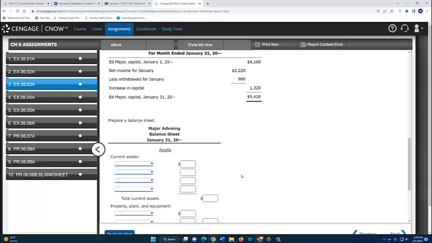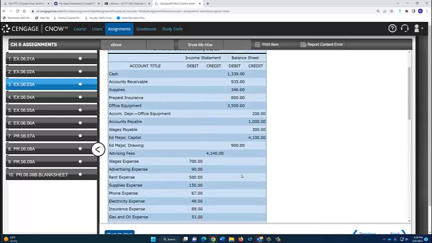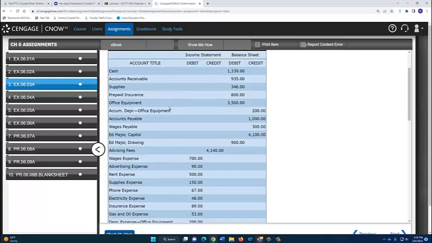To find the current assets, I'm going to go up to our worksheet, start with cash, and work down until I hit a piece of a fixed asset or a piece of equipment, furniture, something like that that's long term. So I know that cash, accounts receivable, supplies, and prepaid insurance are going to be my current assets.